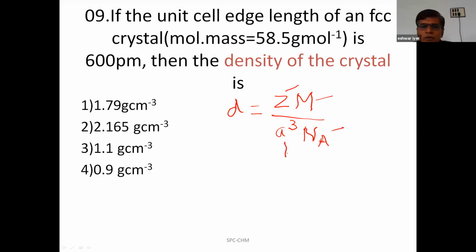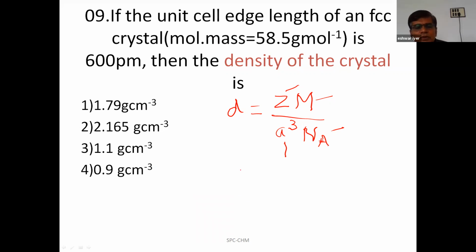And for this, you need to convert. Look at the unit in the answers. The unit in the answer is grams per cc, cubic centimeter. What is given here? The unit for the length is picometer. You need to convert that, picometer has to be converted.